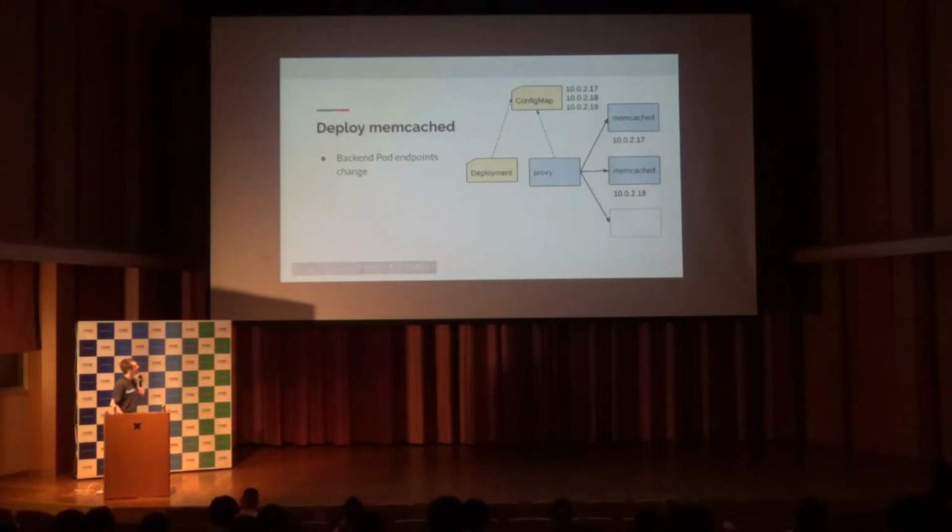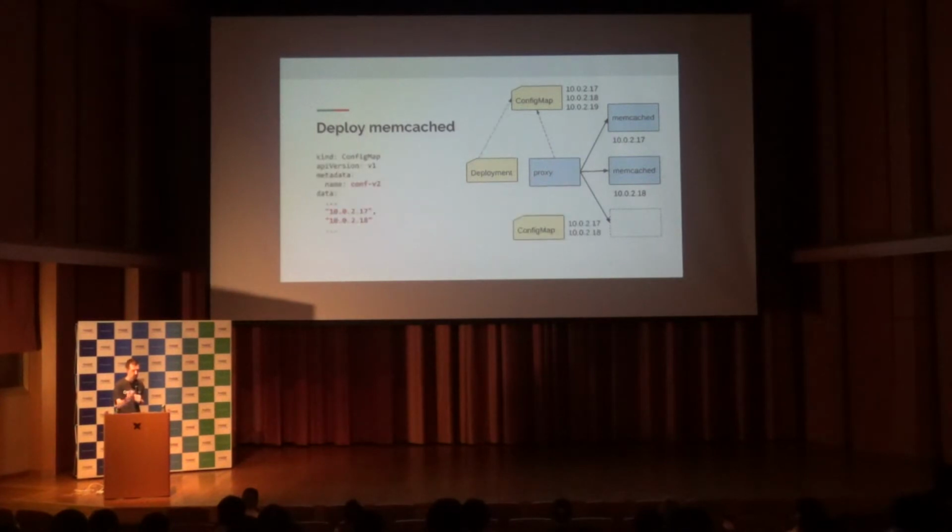So what happens when our backends change, like we scaled down our backends to 2 instances? We will create another config map with the new configuration. In this case, we just say it's v2. And then we update our deployment to point to the new config map, so it now points to config v2.